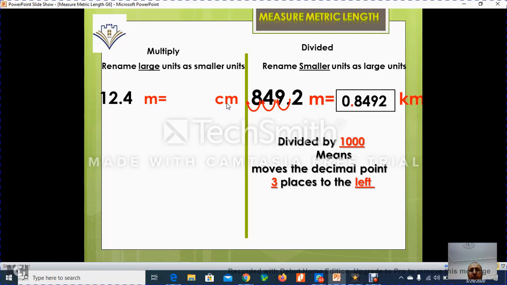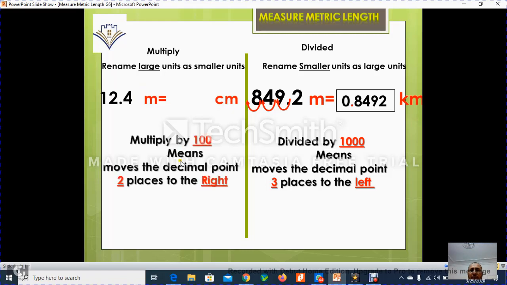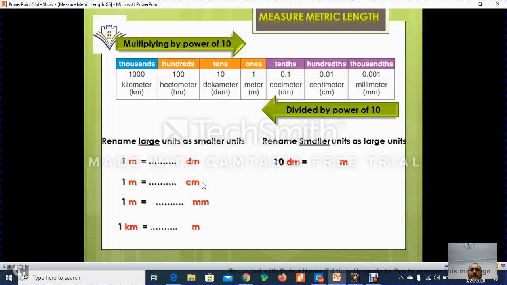When you multiply by 100, you move the decimal point 2 places to the right. The number will be big. Move 1, and then we have another place, so we should put another 0. Then the answer is 1240.